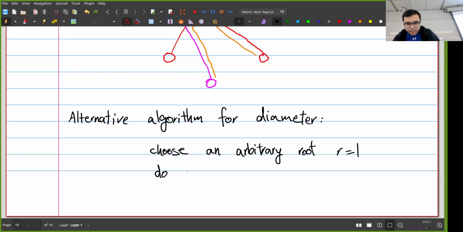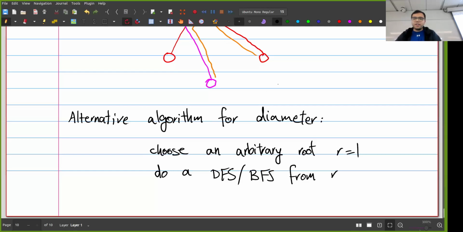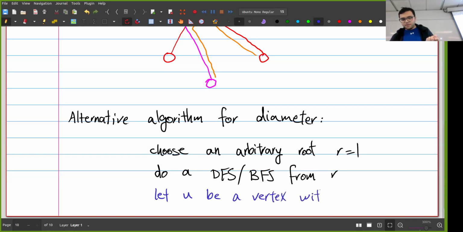And then use this to pick one vertex that is as far away from R as possible. Okay, so let U be a vertex with maximum distance to R. Now again, I say a vertex because maybe there are several. You can choose whichever you want.